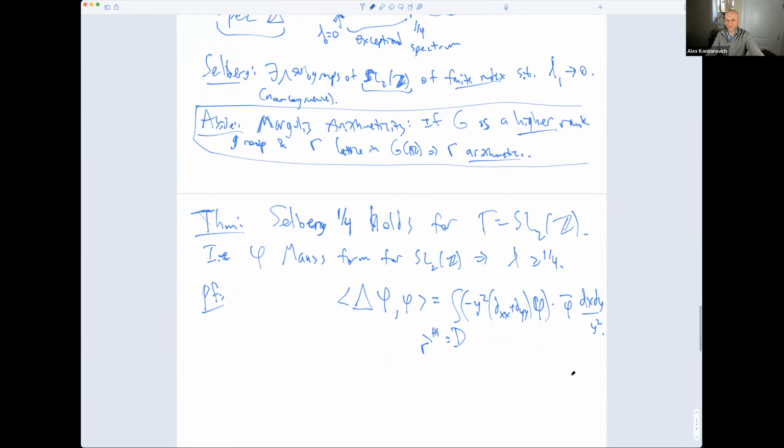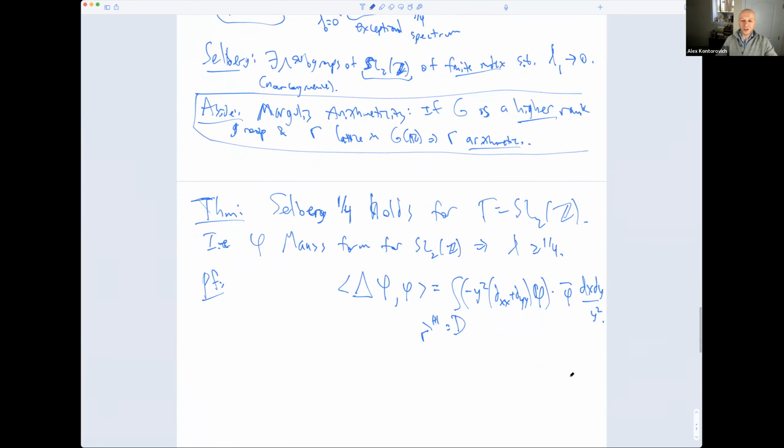Okay. So the y squared from the Laplacian exactly cancels the y squared from the invariant measure. If I integrate by parts once, then the boundary values will all exactly cancel off.